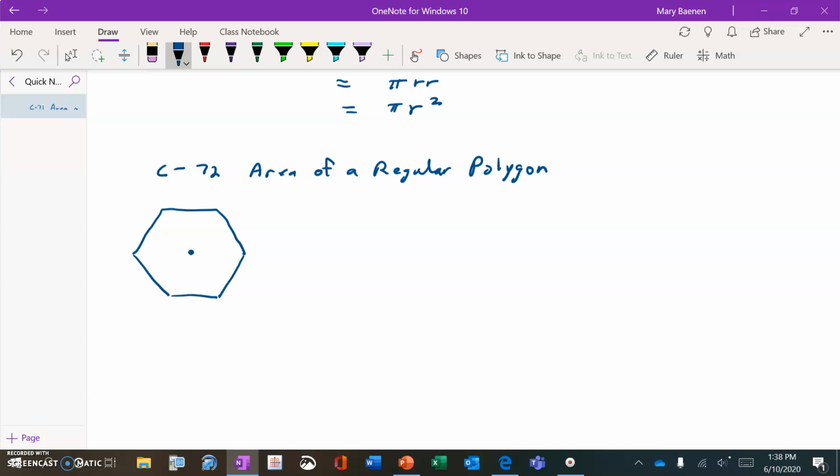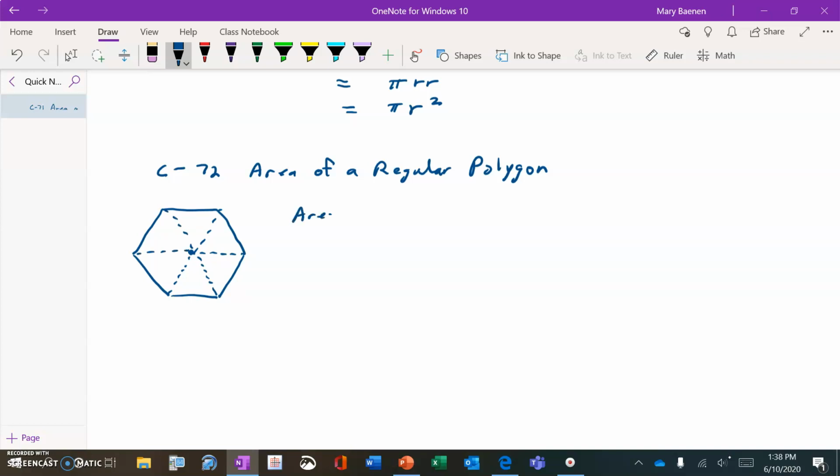Here's kind of the center of that regular hexagon, so this regular polygon. Okay, what I'm going to do is I'm going to say, what if I go from that center and go to each vertex of the polygon. That creates a bunch of triangles.